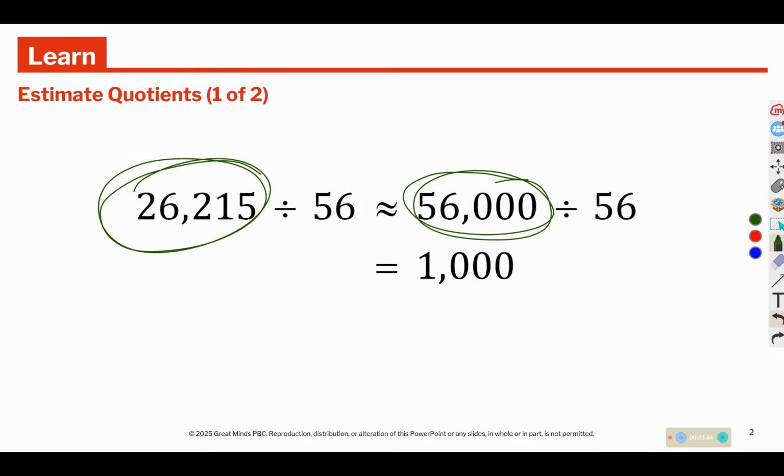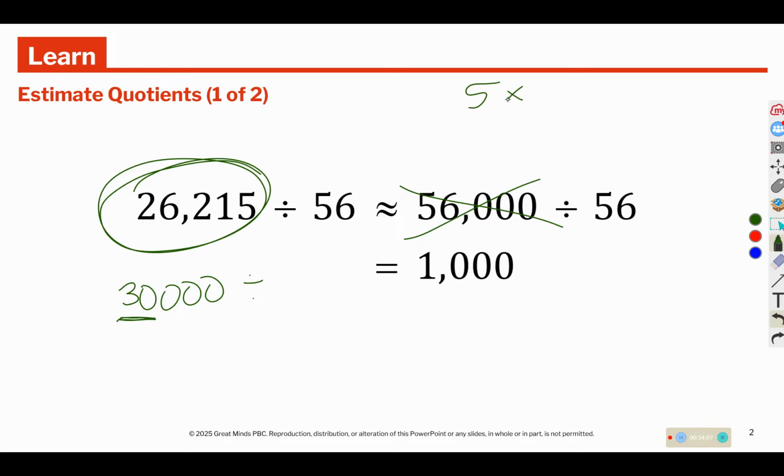What if instead we rounded 26,000 to 30,000? That's much closer than 56,000. Well, I see this 30 here, and 30 is a multiple of 5 and 6. 5 times 6 makes 30. So I could round this to either 50 or 60.